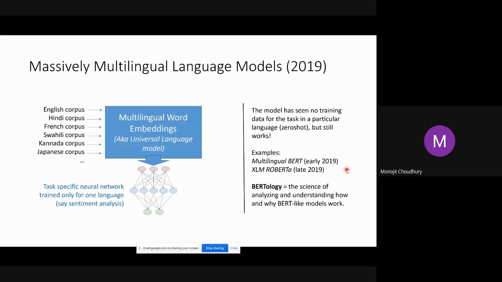And it's possible now because you no longer need labeled data across all these languages. So you need labeled data only in one or maybe a few languages, and it starts working for all languages. And unlabeled data, as we discussed, is available for a large number of languages in any case.